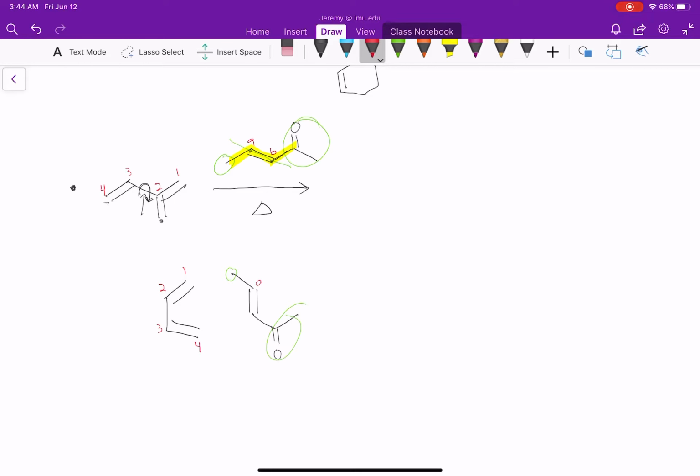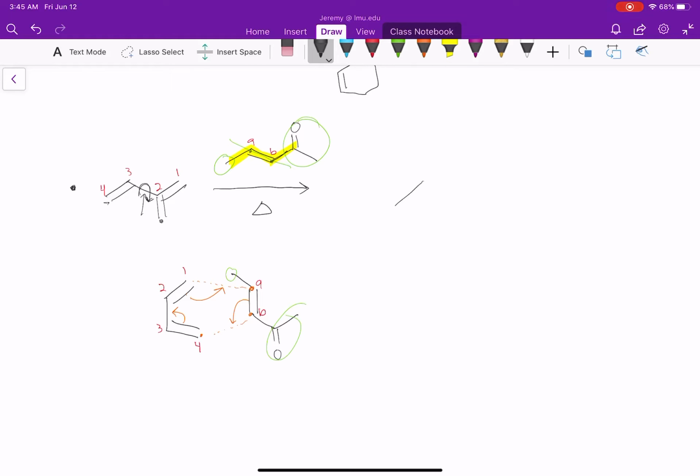Then we label A and B. To draw the mechanism, the double bond between carbon 1 and 2 forms the single bond between 1 and A. The pi bond between A and B forms my sigma bond between B and 4. And then the pi bond between 3 and 4 goes to 2 and 3.